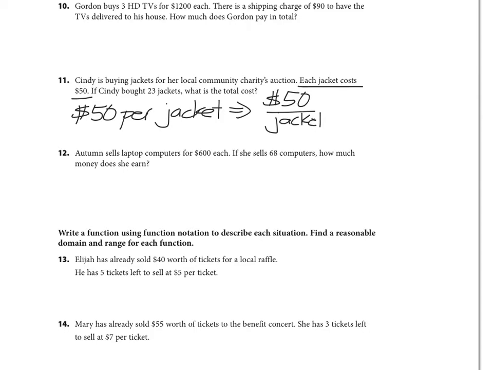for a jacket. So again, here is our x, which is our independent variable, here on the bottom. What's our independent variable? The number of jackets. What's our dependent variable? Our dependent variable is the cost again.